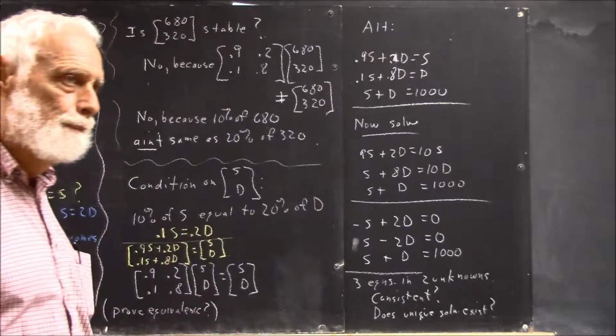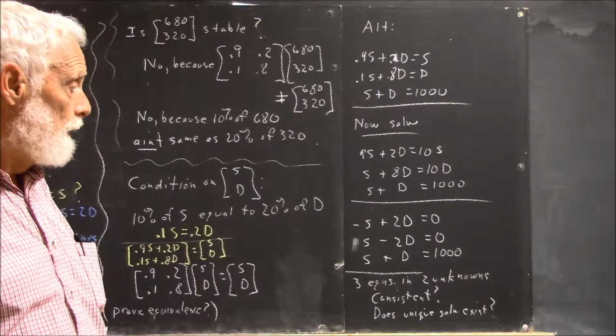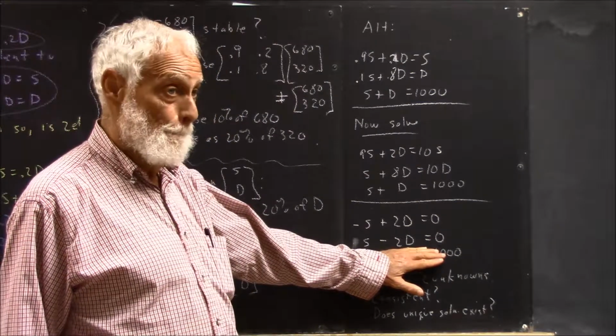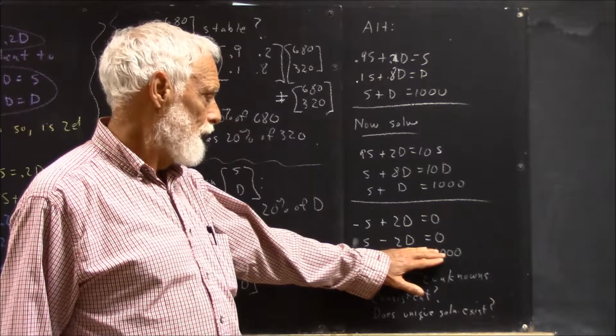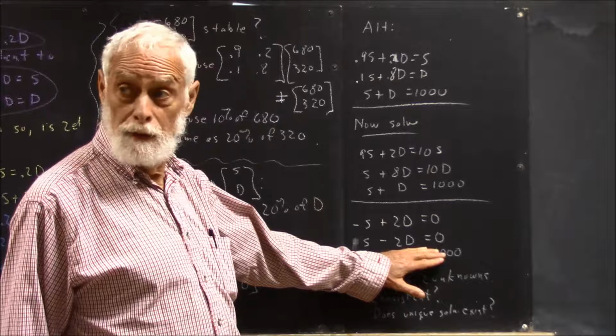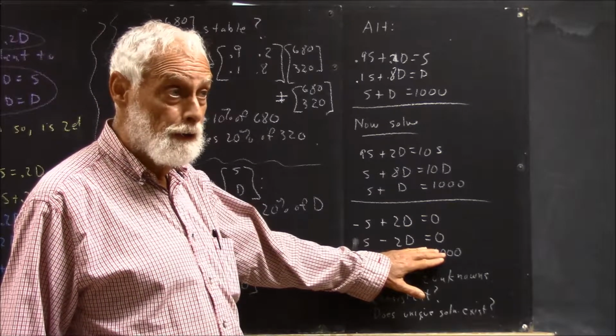For example, if you look at the first two equations, you can see that the second equation is really the same as the first, isn't it? Just change the signs and it's identical, right?